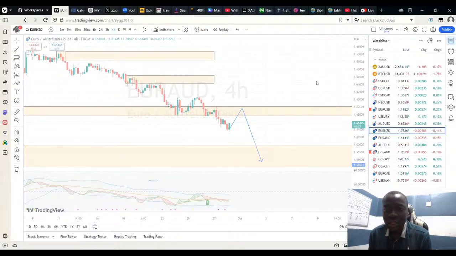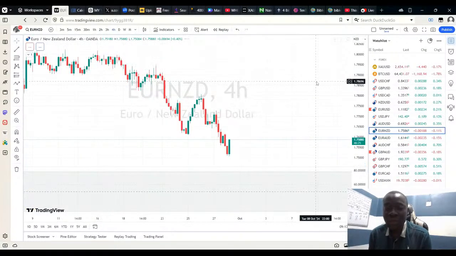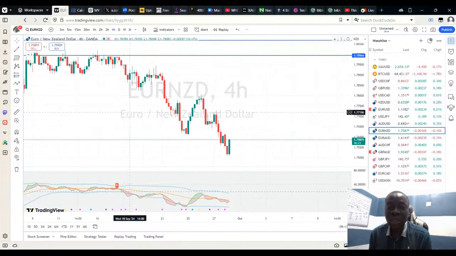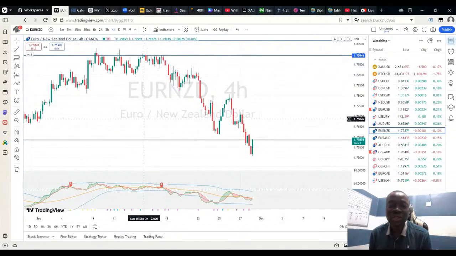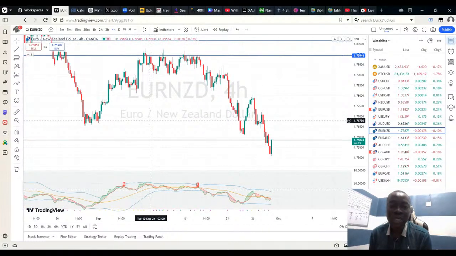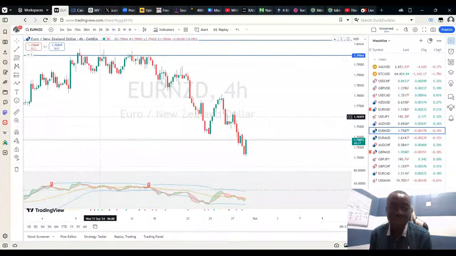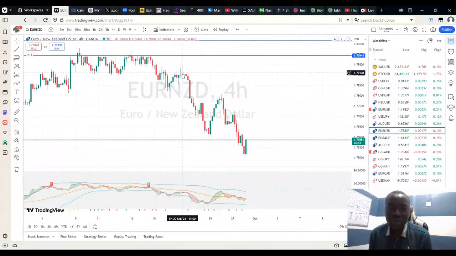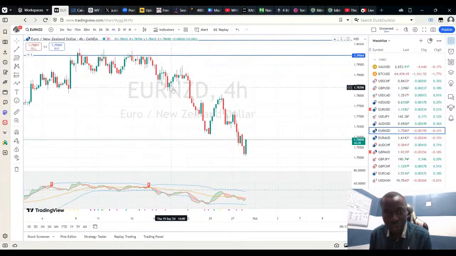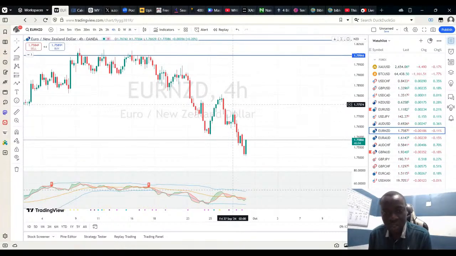Euro NZD, Euro NZD. I love this pair so much that if this pair gave you one direction, it will continue to go to that direction, and it respects market maker footprint a lot. So far, so good. Looking at the Euro NZD, we can see that they are giving us a very strong push downward. They retrace, they give us a push, they retrace, they give us a push, they retrace again.